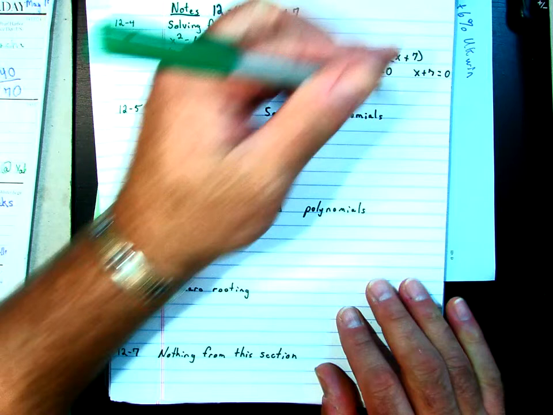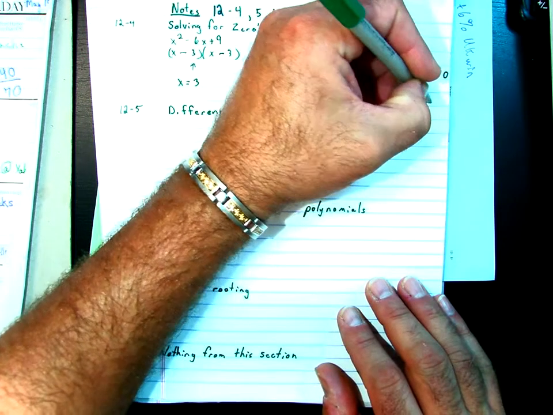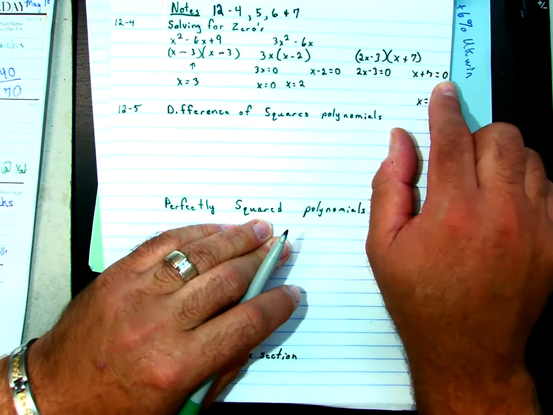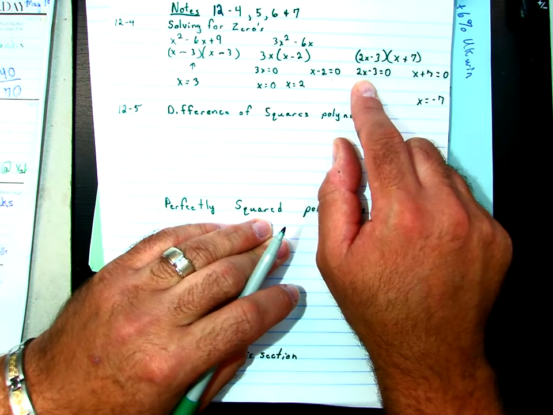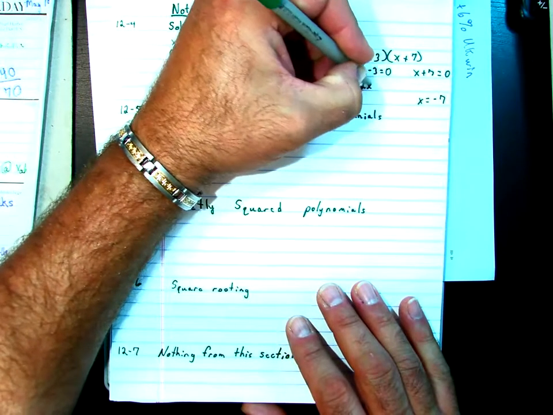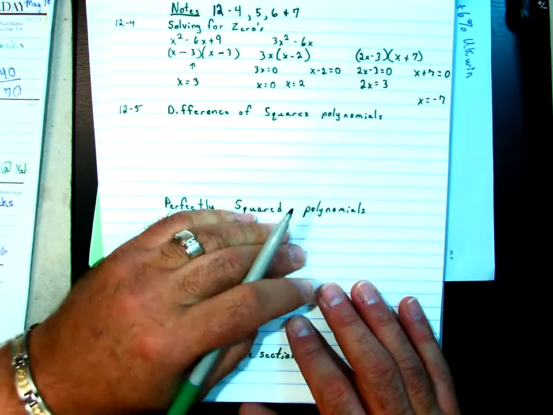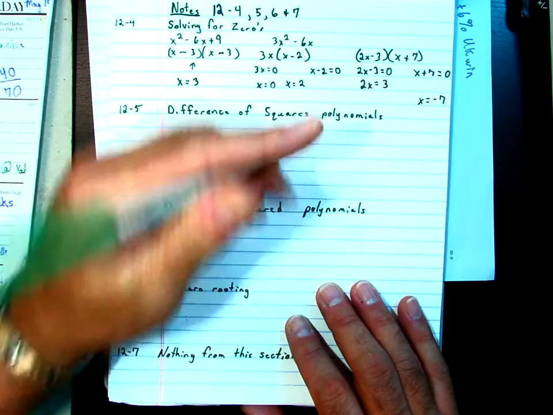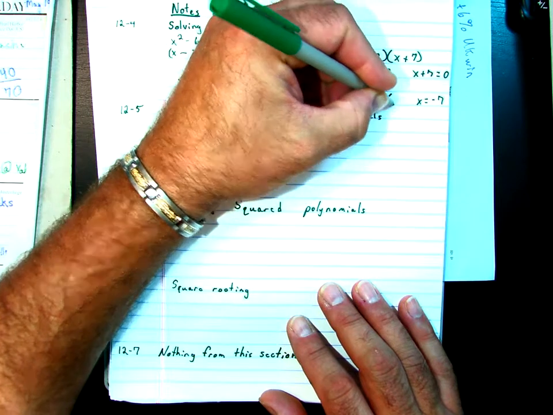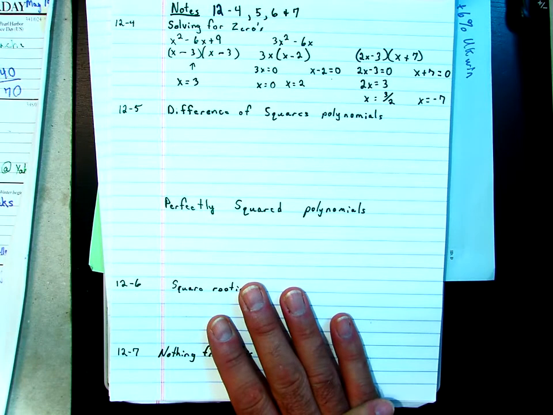It's going to be negative 7. Showing it mathematically, you can see why now it's its opposite. It's going to be negative 7. This one's a little bit more complex. You'd have to move that over, and you get 2x equals 3. And then you'd have to divide both sides by 2, and you get x equals 3 halves.